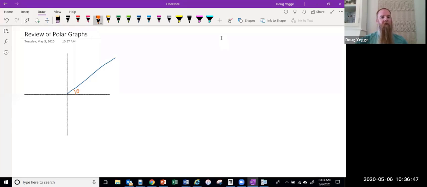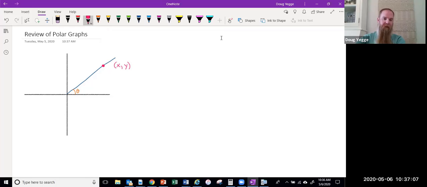Of course, we know that angles always start at the positive x-axis and rotate around. If this is our angle, then remember that we could designate a particular point on that ray as being the point (x, y).